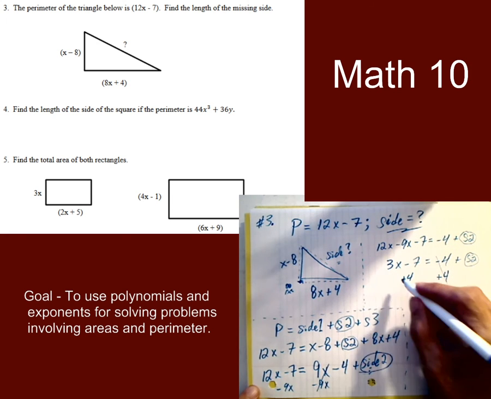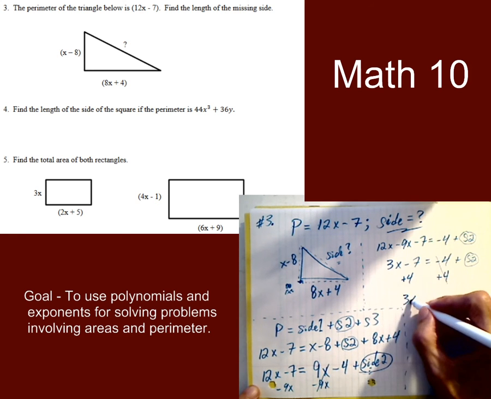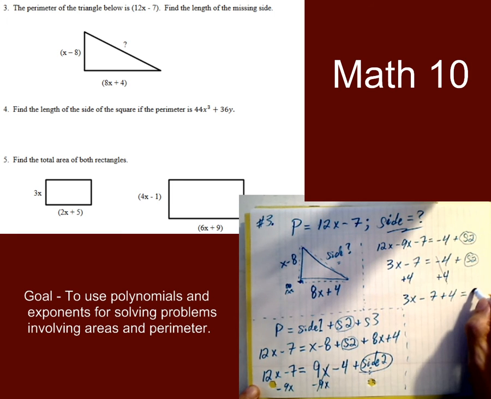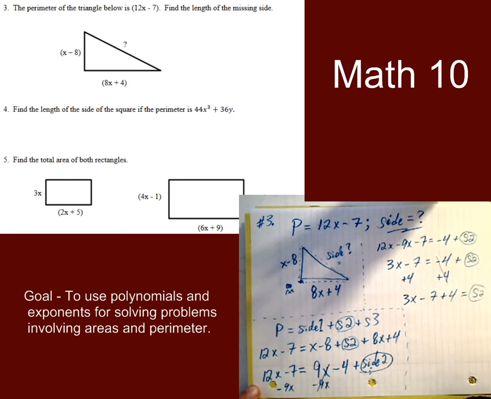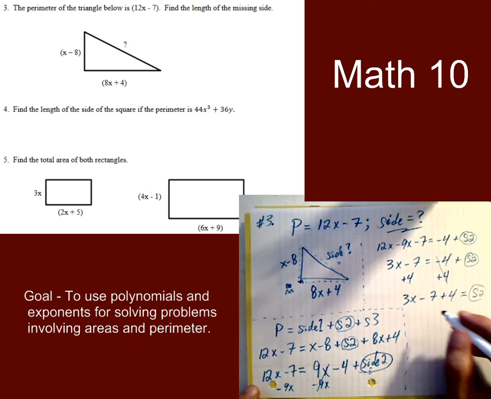It's getting short enough, I think. This left side turns into 3x minus 7 plus 4 is equal to our missing side. Using a little bit of algebra or arithmetic that we know, negative 7 plus 4, this will give minus 3.